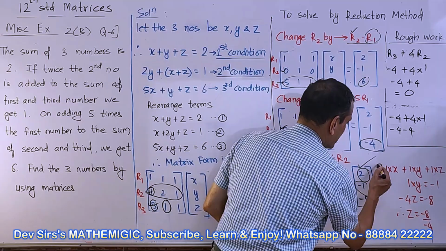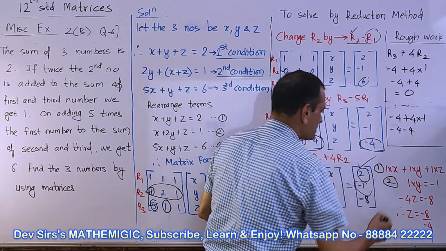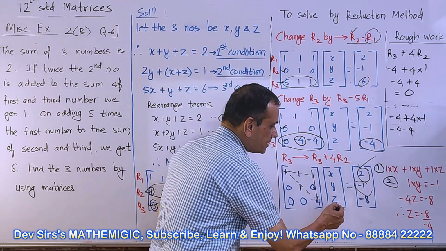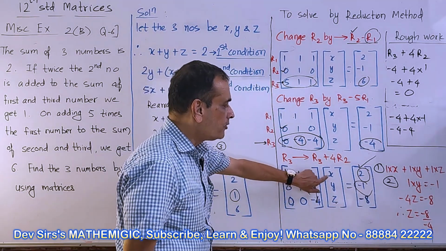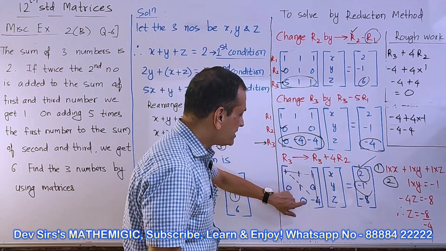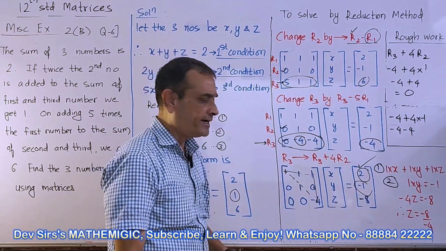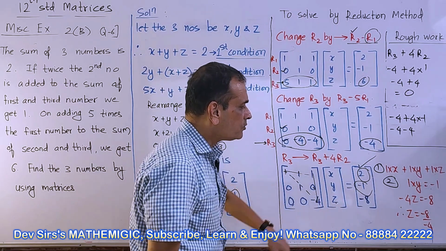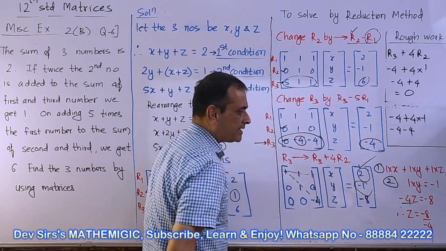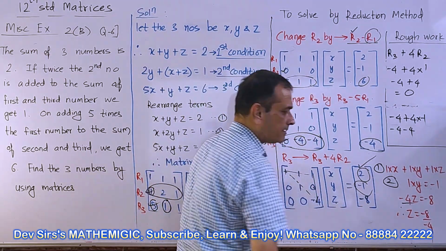So this is the first equation, this is the second equation. Third equation, third row, first column, 0 into x, no need to write. 0 into x is 0, plus 0 into y is 0, no need to write. -4 into z is -4z equal to -8.